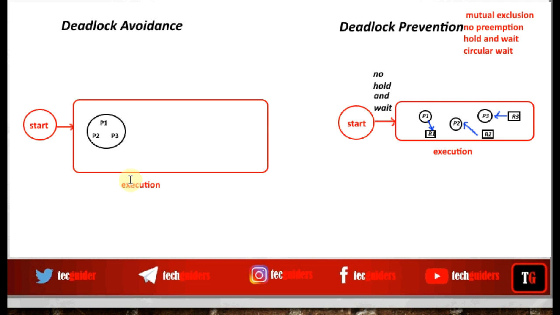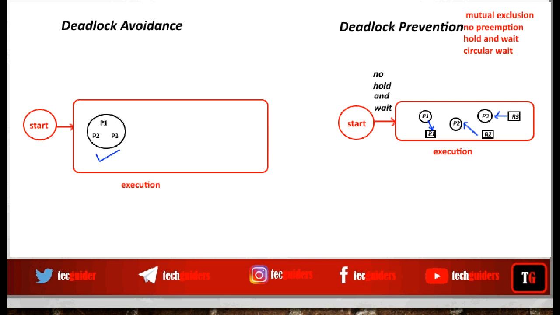And usually the processes will not raise all their requests in the very beginning itself. They will start raising the requests during runtime. When the processes execute, on the way they will come to know they need some resource, and then they request for the resources. So in the very beginning, when resources are not allocated and not being requested for, we can consider our system to be in a safe state.